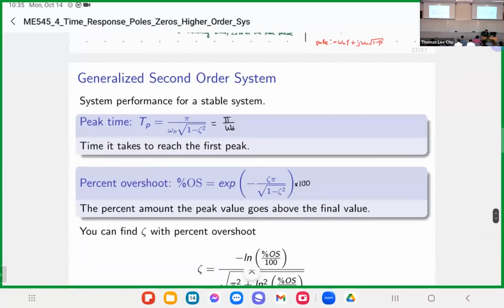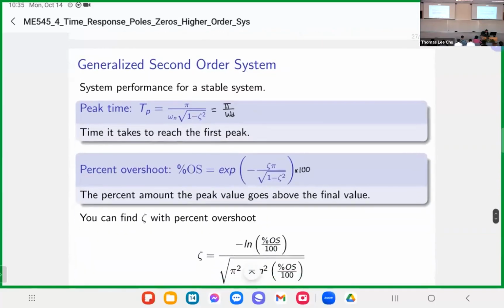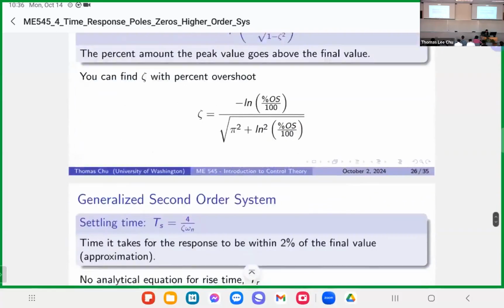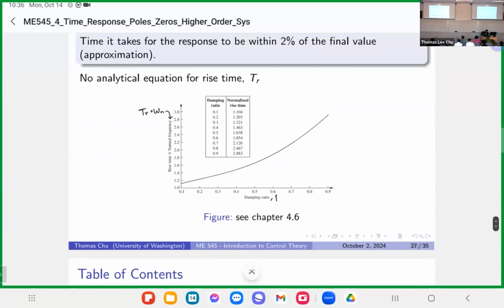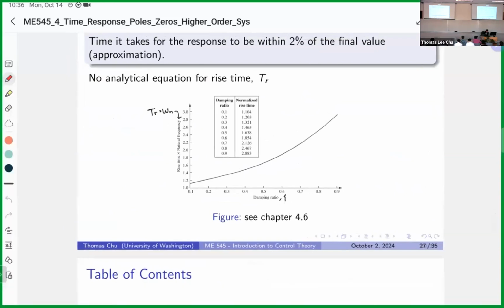So we defined the peak time, percent overshoot, which is the maximum peak incurred during the overshoot process, settling time, and rise time. One thing about the rise time is that there's no analytical equation for it. The rise time is dependent on the damping ratio and the natural frequency.